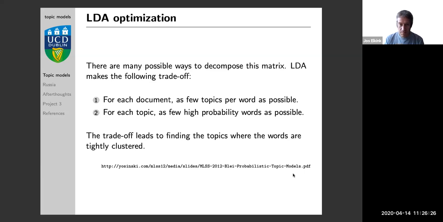So there are many ways of doing this matrix decomposition, but many of the solutions will have every topic a little bit associated with every document and every word a little bit associated with every topic, and that does not help us either separate documents by topic or understand what the topics are about.